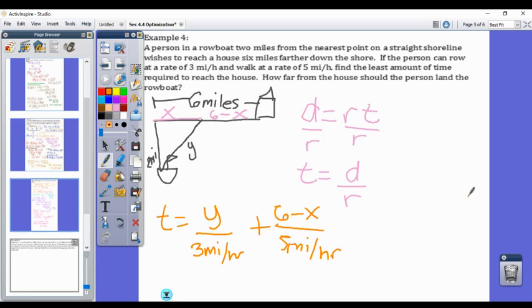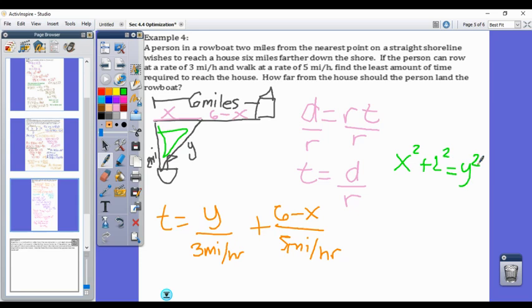Okay, so now we've got two variables, x's and y's. To simplify our life, we know that this is going to be a right triangle, and from the Pythagorean theorem, x squared plus 2 squared is going to give me y squared.